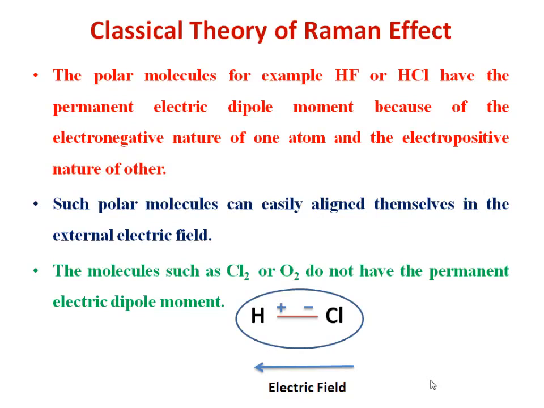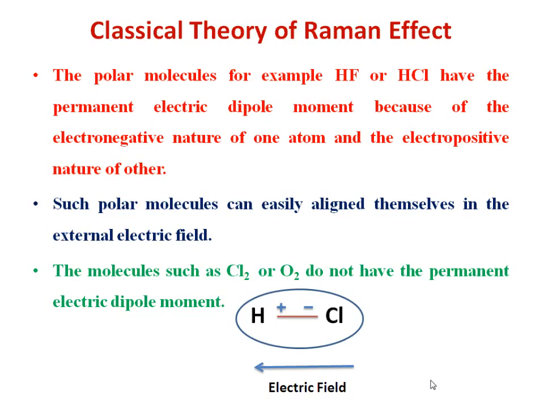As we know, polar molecules like HF or HCl have a permanent electric dipole moment because of the electronegative nature of one atom and the electropositive nature of the other. Such polar molecules can easily align themselves in the external field, as shown in the figure below.